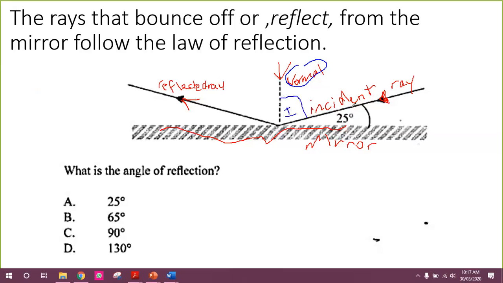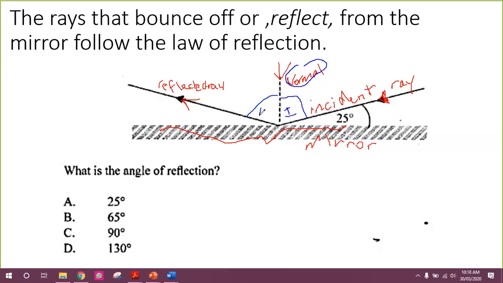So where's our angle of reflection? Exactly.